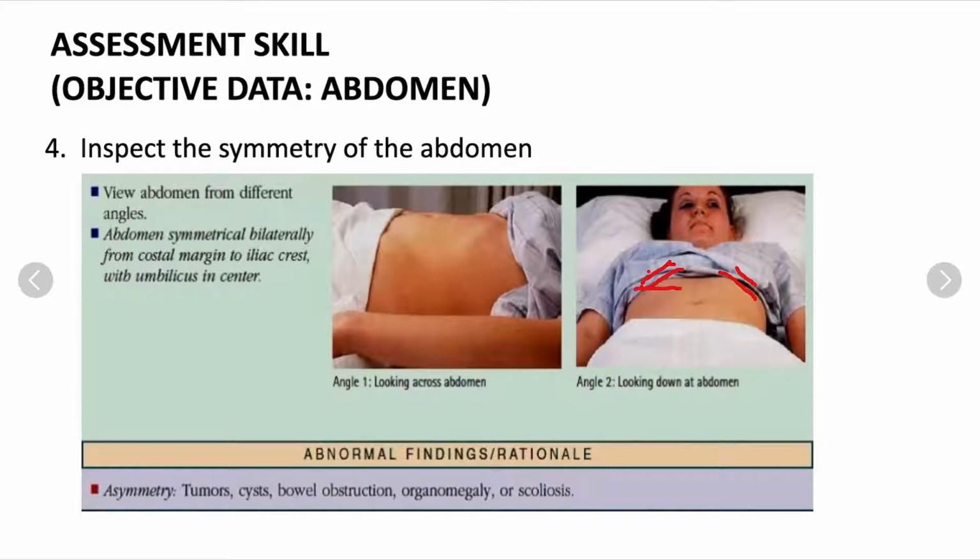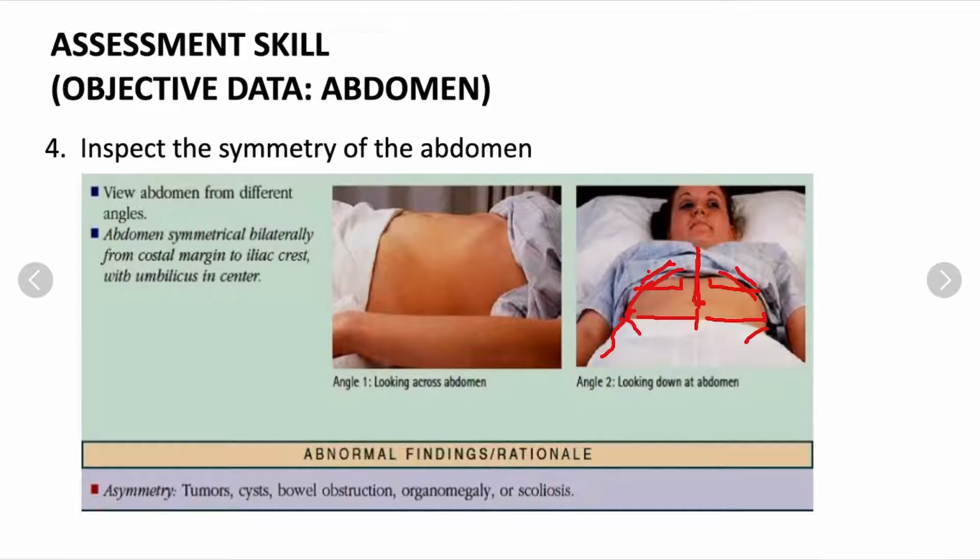They are equal from the costal margin and from your iliac crest. So iliac crest is here, diba? Usually in the bones, the hips, that's the iliac crest. The measurement from here and here is equal, so that you could say it's symmetrical by viewing it on the foot part. And medially, it's symmetrical in appearance. Okay, the umbilicus is centered, so you just use your umbilicus as a reference for your midline.